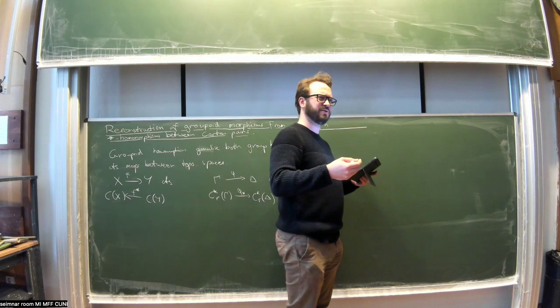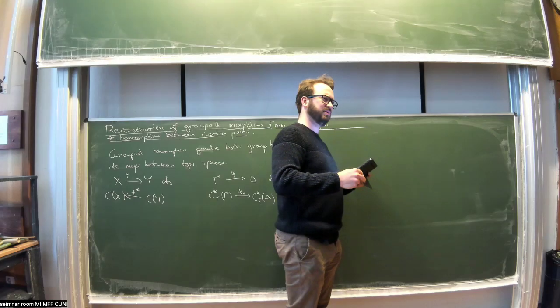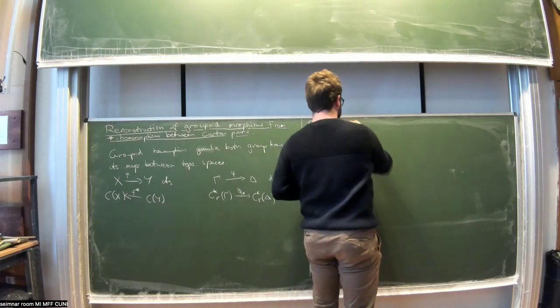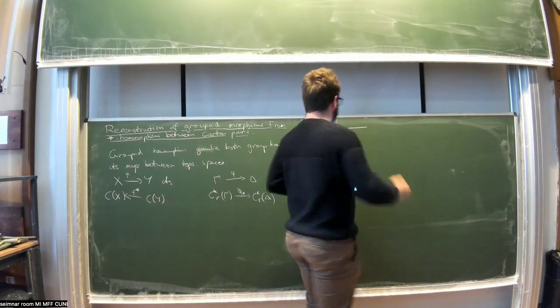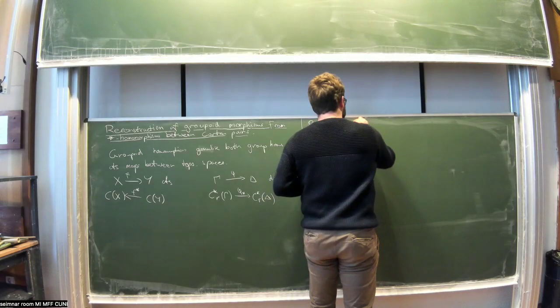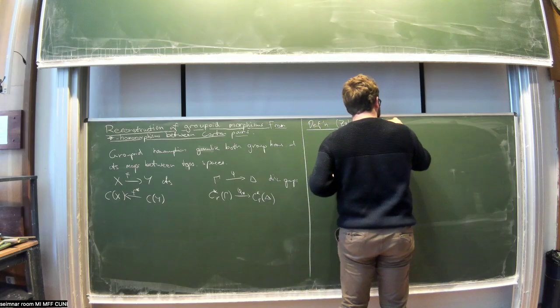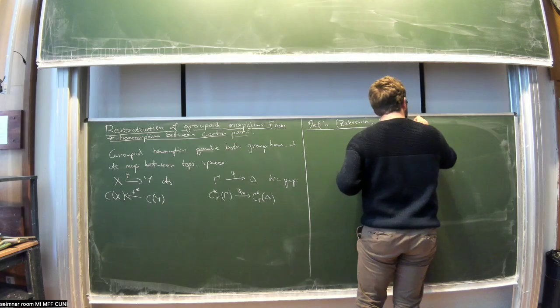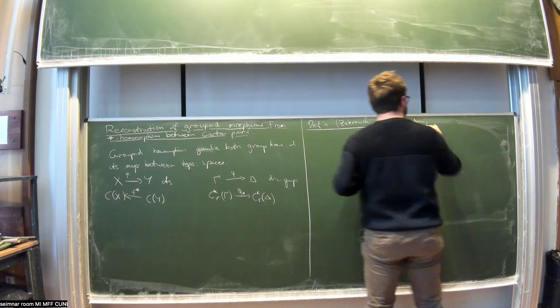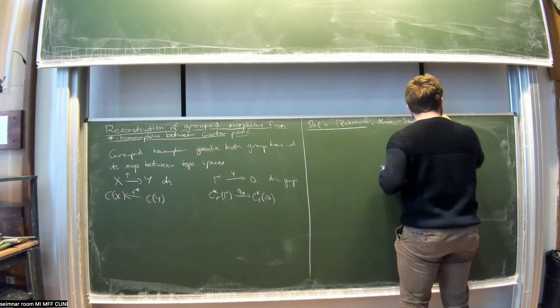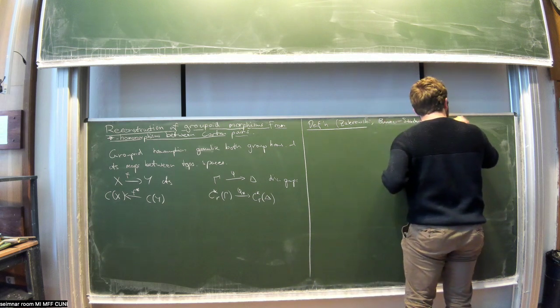I don't remember the exact history. Do you know, Tristan? I'm not sure. So I'll write a bunch of names down here to cover myself. And the current terminology that I use comes from Meyer and Zhu.